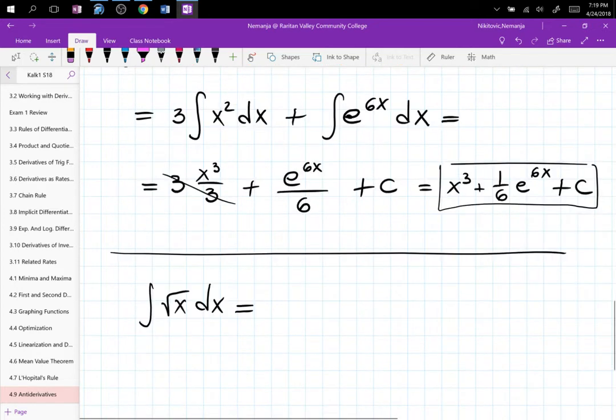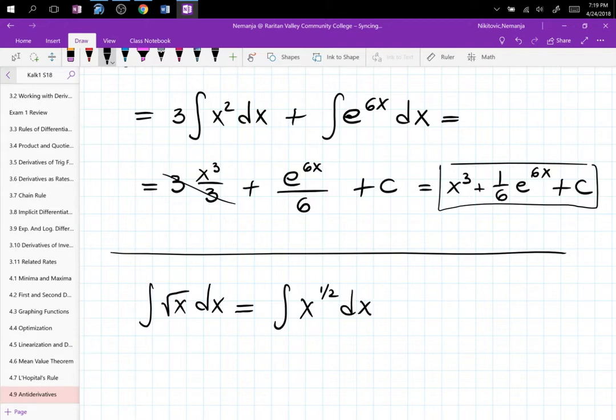So we are going to rewrite the integral first as x to the 1/2 dx. And then we are going to use: integral of x to the n dx is x to the n plus 1 over n plus 1 plus c, or minus 1.